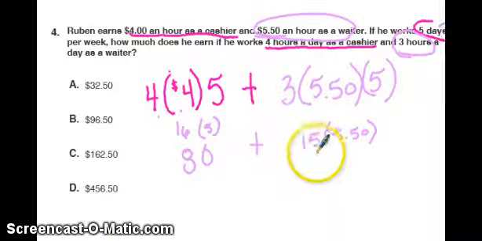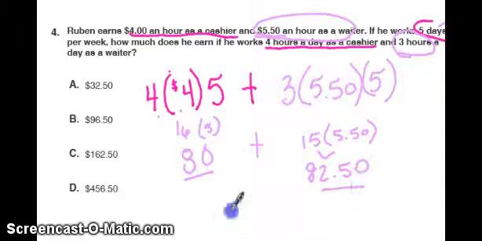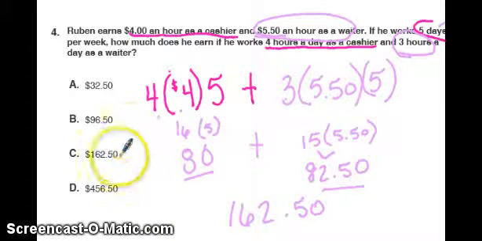Okay, so this right here has a value of $82.50. Then I need to add 80 and $82.50, and I get $162.50. So the correct answer choice there is C.